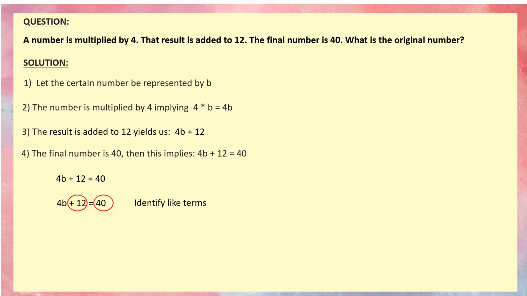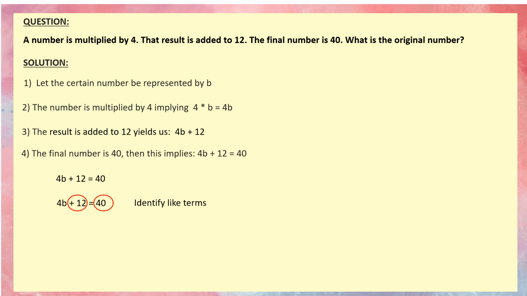The like terms in this particular equation, so on the left hand side we have 4b plus 12, on the right hand side we have 40. So the numbers 12 and 40 look alike, so we'll take the 12 to the right hand side, but notice that the 12 has a positive number in front of it.